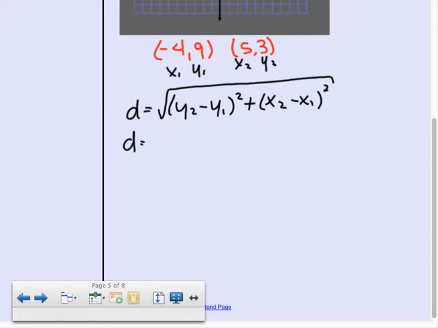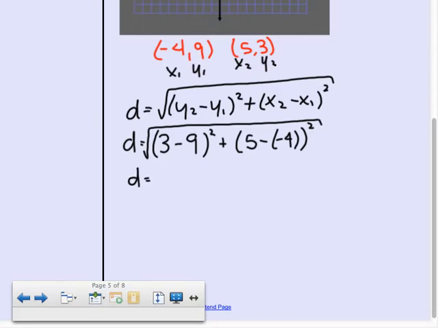So I have labeled y2 as the number 3 minus y1 is 9, and we square that. x2 is 5 minus a negative 4, so I'm going to rewrite it like this and square it, and we'll talk about how we simplify that in a minute.